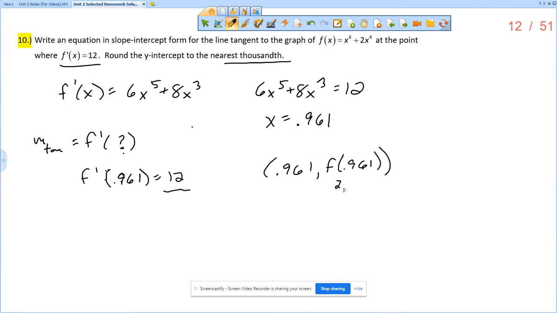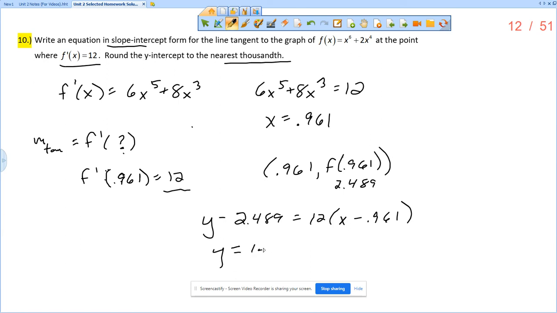So my equation of the tangent line is going to be y minus 2.489 equals the slope of 12 times x minus 0.961. But it does say write it in slope-intercept form, so I need to distribute the 12.